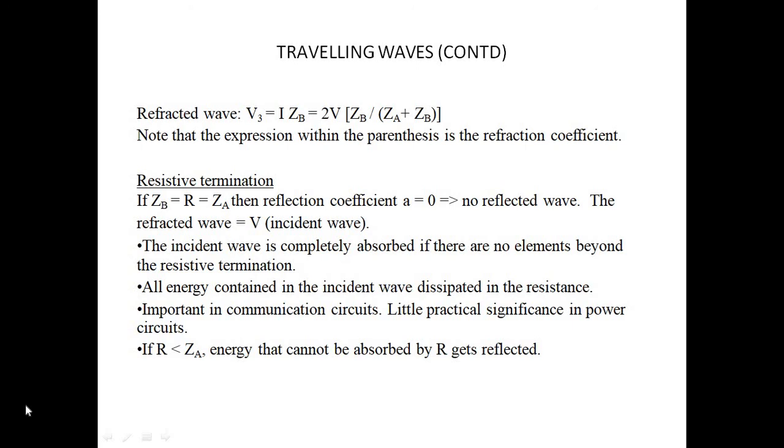The incident wave is completely absorbed if there are no elements beyond the resistive termination. All energy contained in the incident wave is dissipated in the resistance. This is of importance in communication circuits, of little practical significance in power circuits. If R is greater than ZA, the energy that cannot be absorbed by R gets reflected.